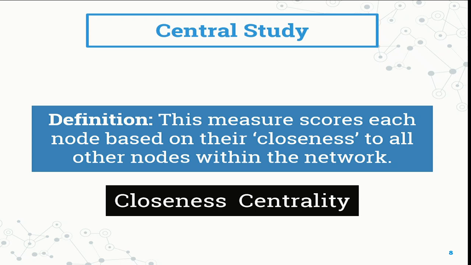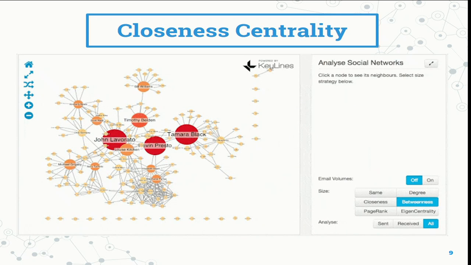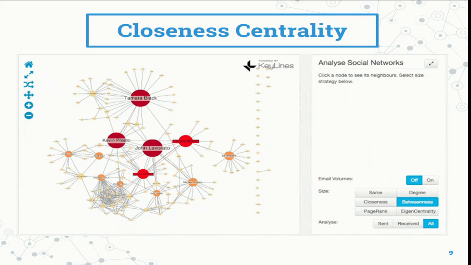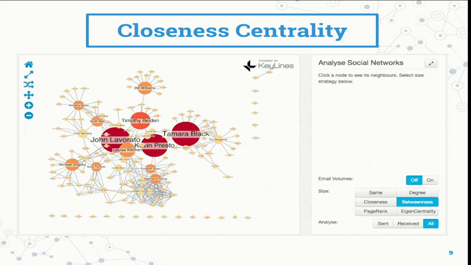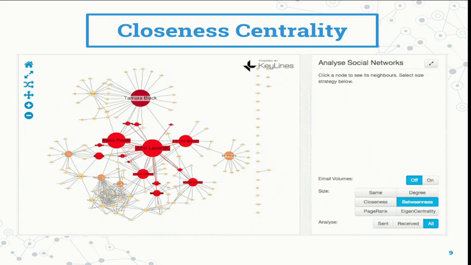Because sometimes you want to find an individual within a network, so that if you know that individual, you will know how to influence the entire network in the fastest way by just approaching that individual. Take a look at this illustration. It shows how they identify the most central person based on closeness.